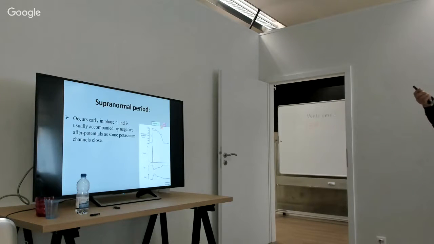There is a supranormal period at the end of phase 3, at the beginning of phase 4. For your information, this is dangerous for several reasons, and can induce arrhythmias if you have a stimulus that occurs in this moment. Because it's closer to the threshold for the activation of sodium, so it's easier to obtain an activation again.